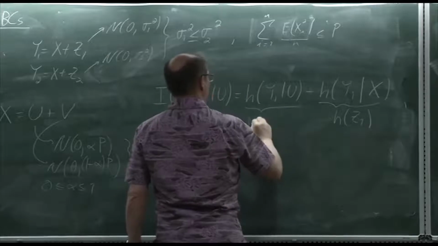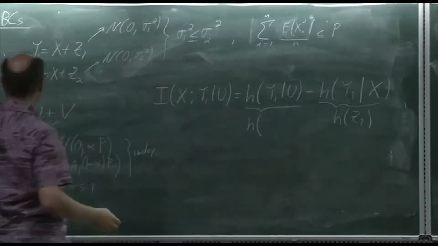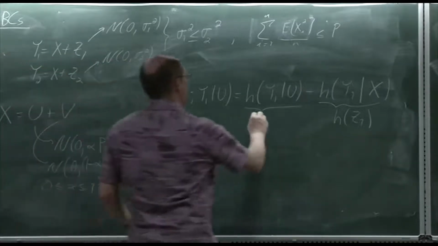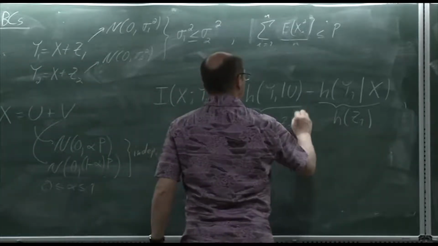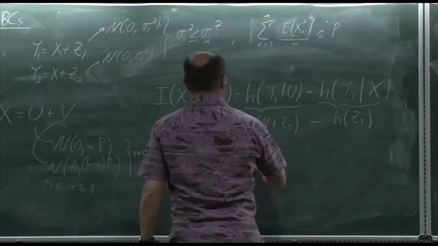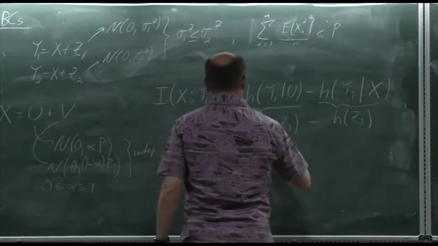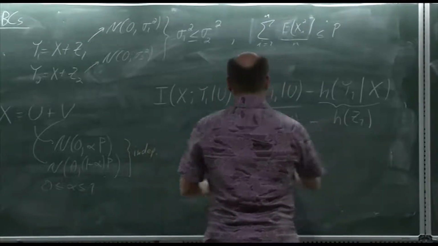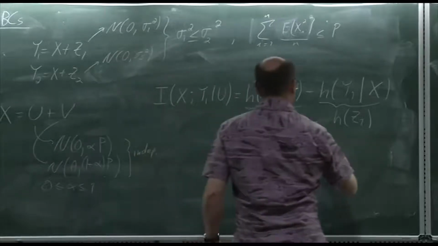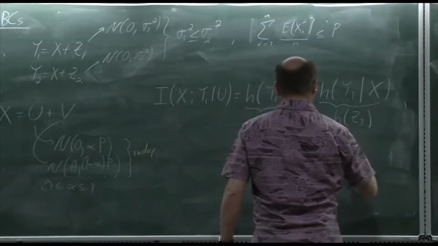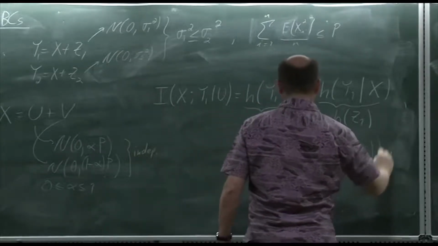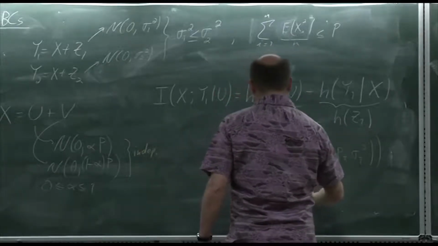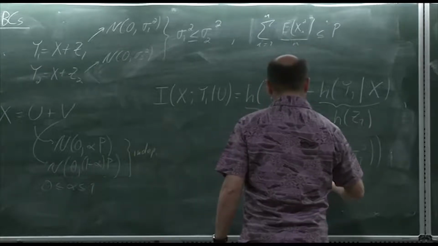This here is h of Y1. I can remove the U because it's U plus V plus Z1, so I get V plus Z1. And so this is just going to be 1/2 log of 2 pi e, okay, this is (1 minus alpha)P plus sigma 1 squared, minus 1/2 log 2 pi e sigma 1 squared.